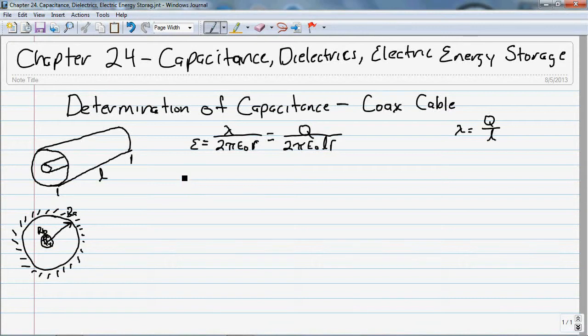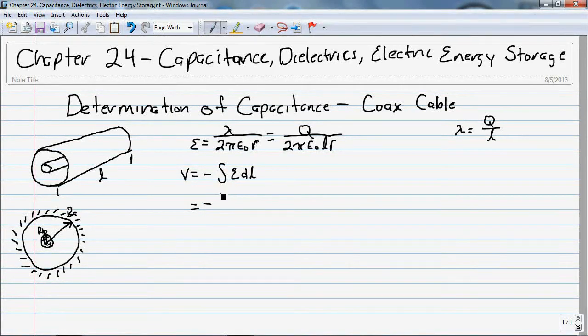And now we're ready to do our integral. So we have V is equal to the negative of the integral of the electric field dot dl. And we can put in our information here.